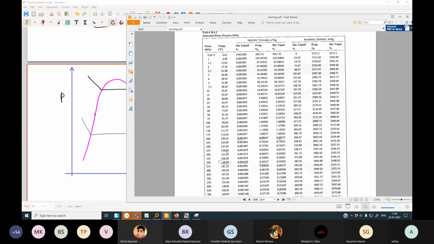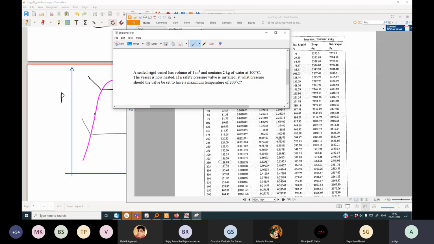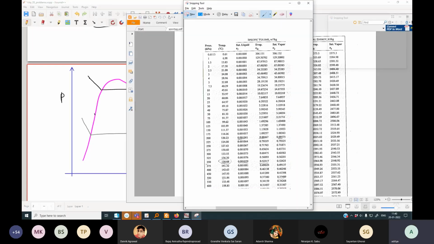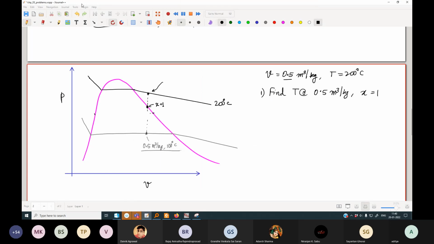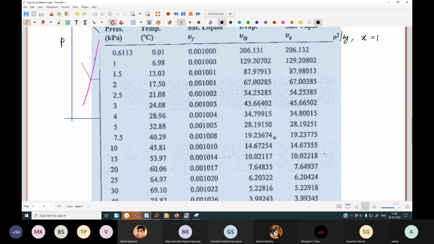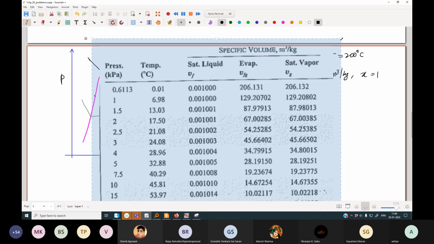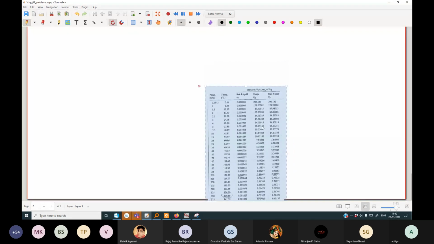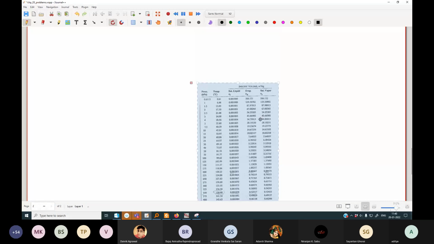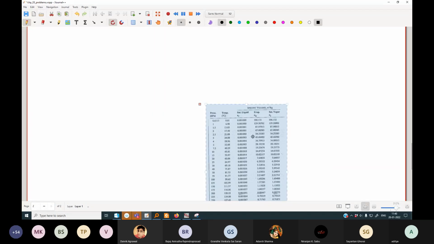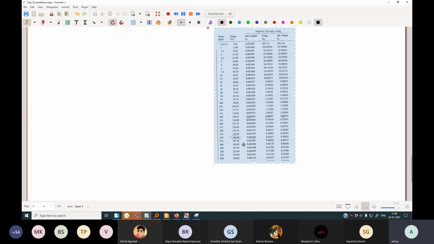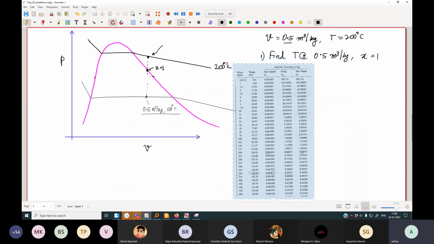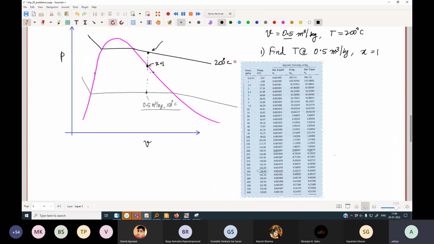So let me zoom out. Let me take a snipping. So this is table B 1.2. It's very difficult to... The authors have... All right, is it visible?